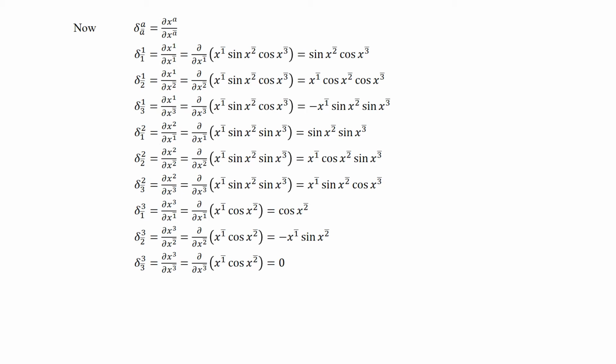So we have the term partial over partial x1 bar of cos x2 bar, which is the derivative with respect to x1 bar of x1 bar cos x2 bar. Taking the derivative of the same term with respect to x2 bar gives minus x1 bar sin x2 bar, and taking the derivative with respect to x3 bar, we don't have this term, so the derivative turns out to be 0.